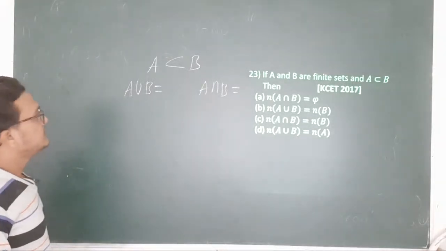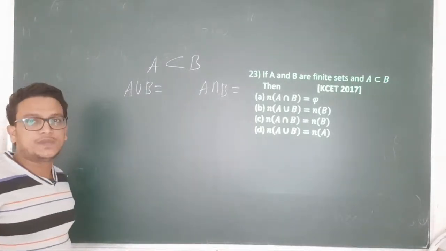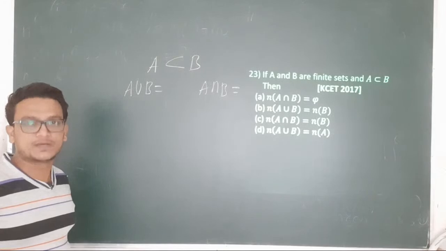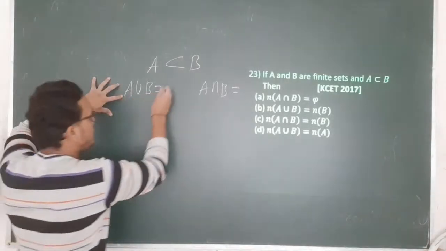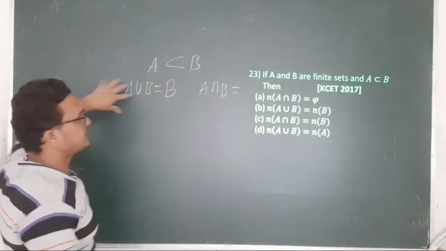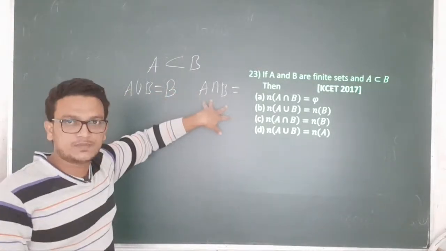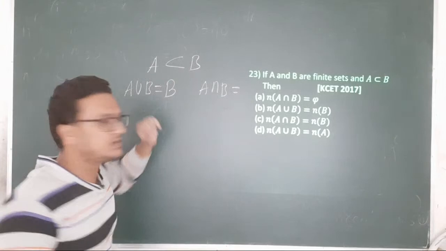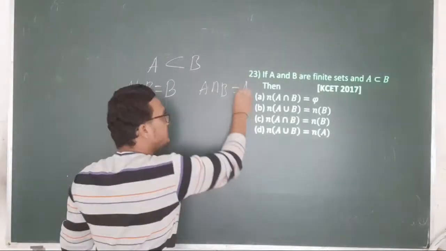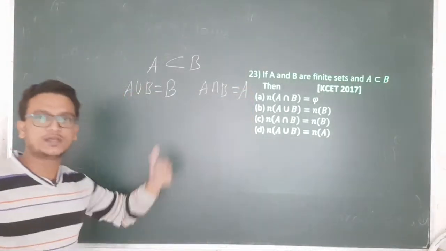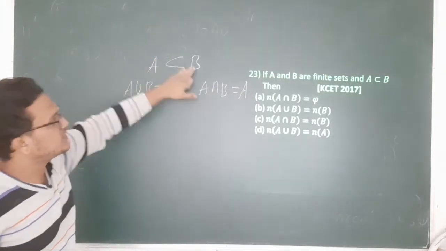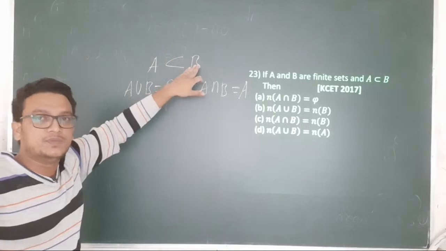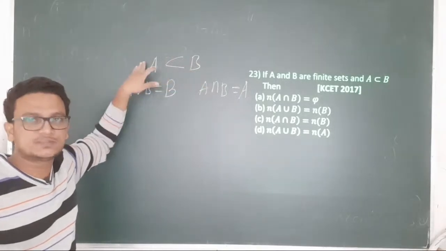If A is a subset of B, it means B is the superset. So A union B is B. What is A intersection B then? Intersection means common, so you have to take the minimum. A is a subset of B, so B is the largest one and A is the smaller one.